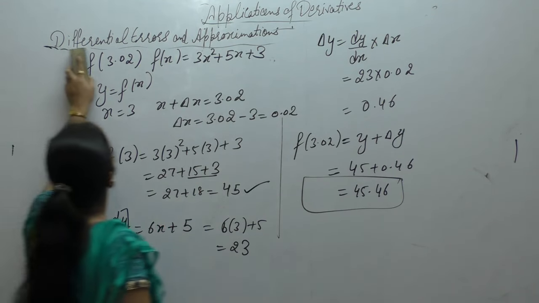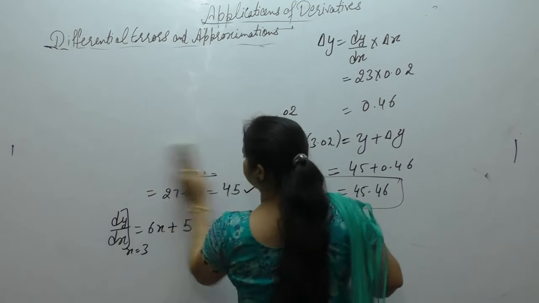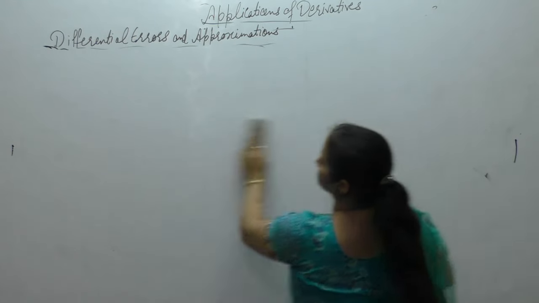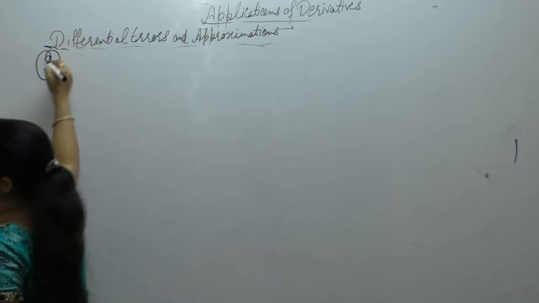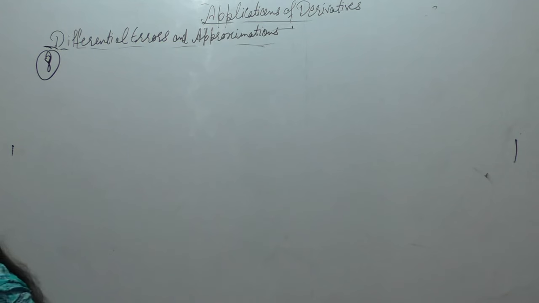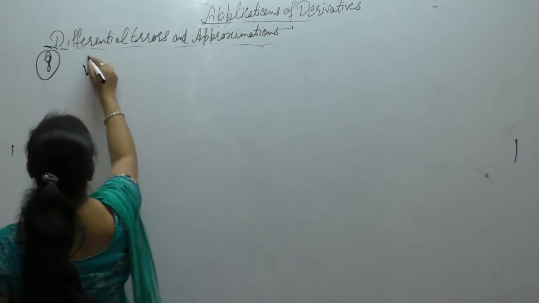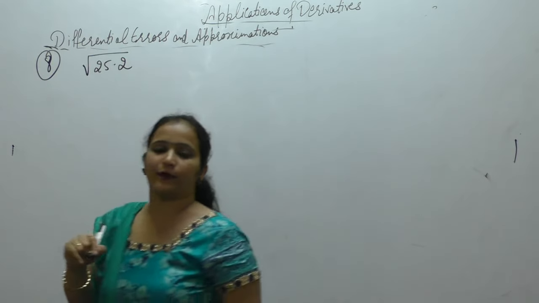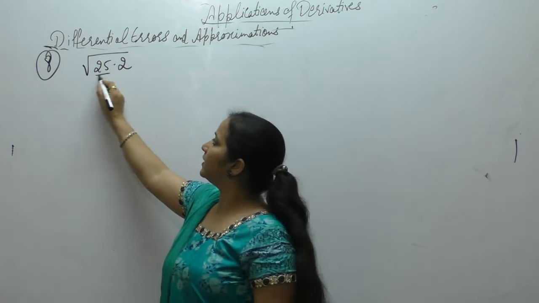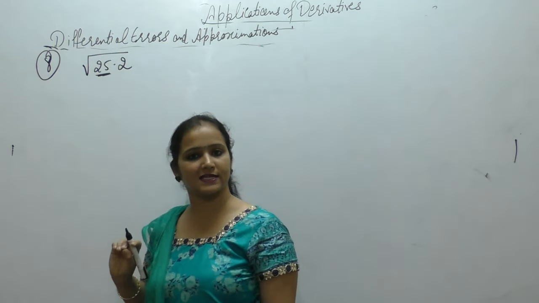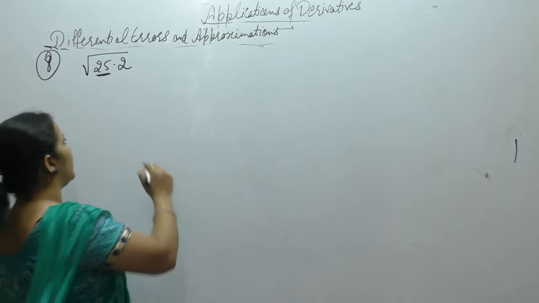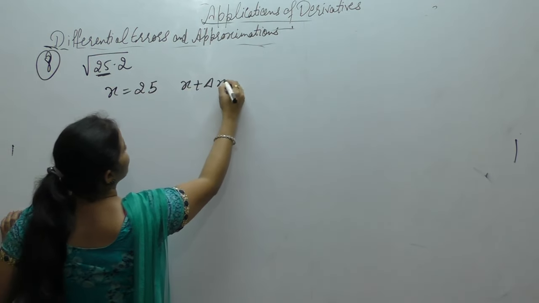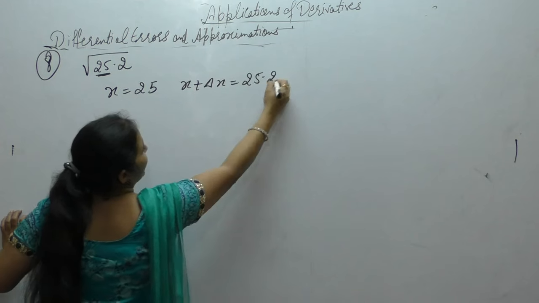Now the next one is, use differentials to approximate the square root of 25.2. In this type of question, first we see that 25 is a number which is a perfect square. Therefore, let x be 25 and x plus delta x is 25.2.